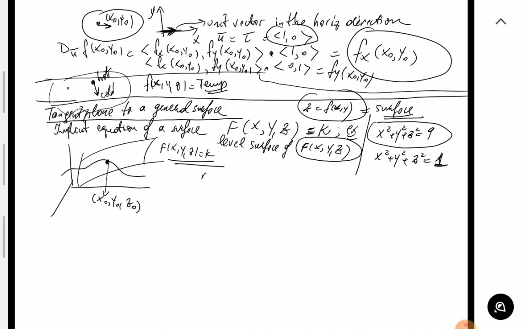So think of r of t. Let's say this is a curve r of t, a curve through the point x naught, y naught, z naught, and on the surface f of x, y, z equals k.